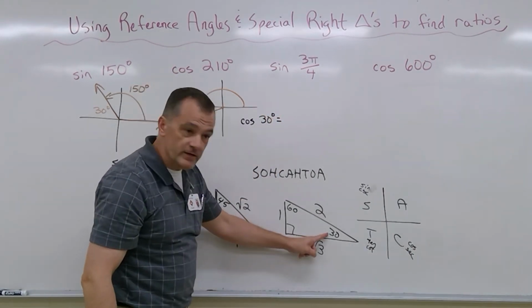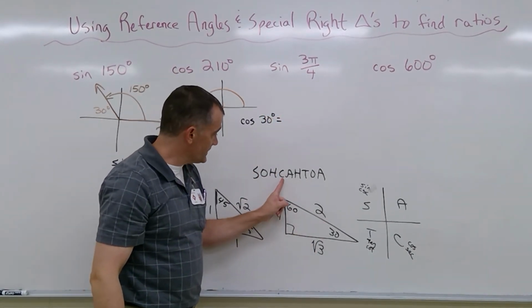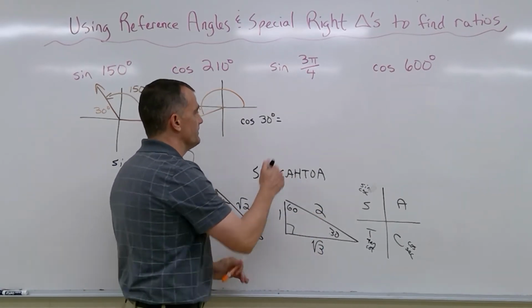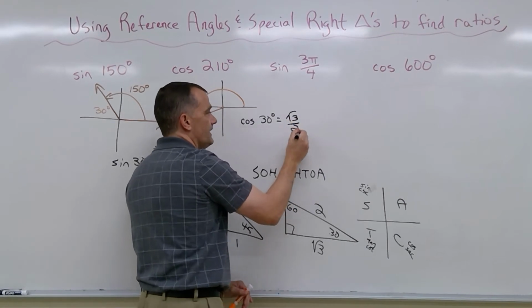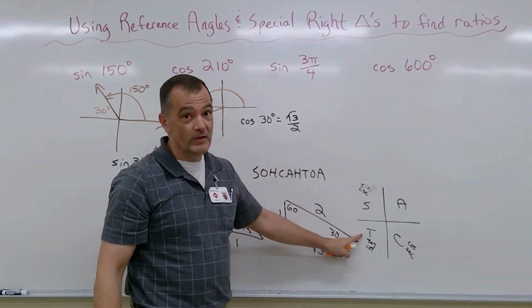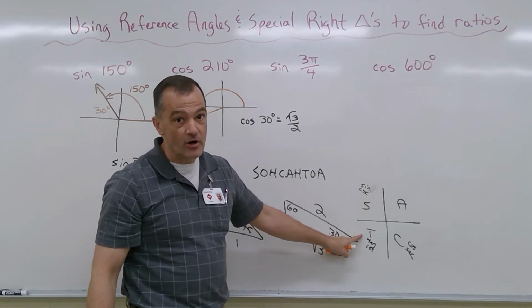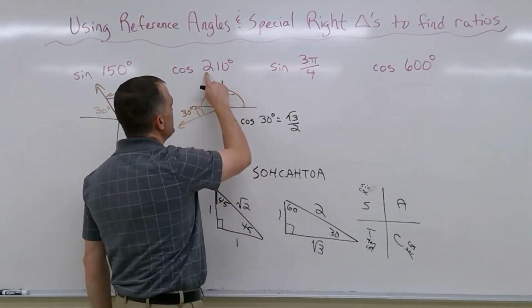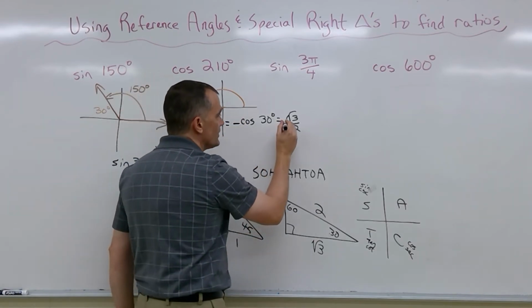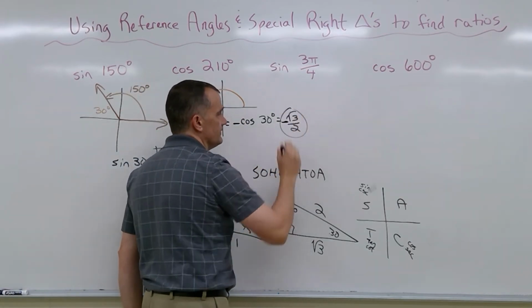So the cosine of 30 degrees is adjacent over hypotenuse. So that's square root of 3 over 2. Now the question is, since it's in this quadrant, only tangent and its reciprocal cotangent are positive in that quadrant, which means this is equal to the opposite of that. So this one would be negative.